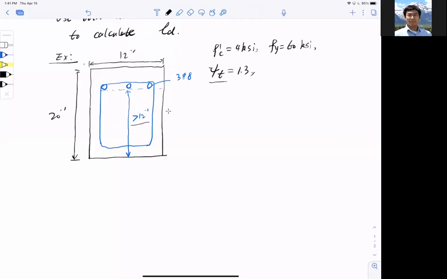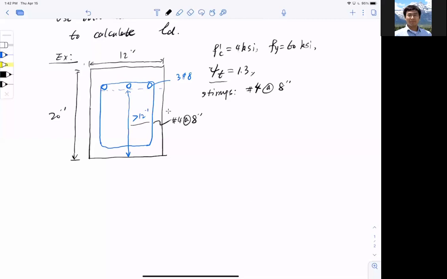I have stirrups, which are number 4, at a spacing of 8 inches. Stirrups number 4 at a spacing of 8 inches.